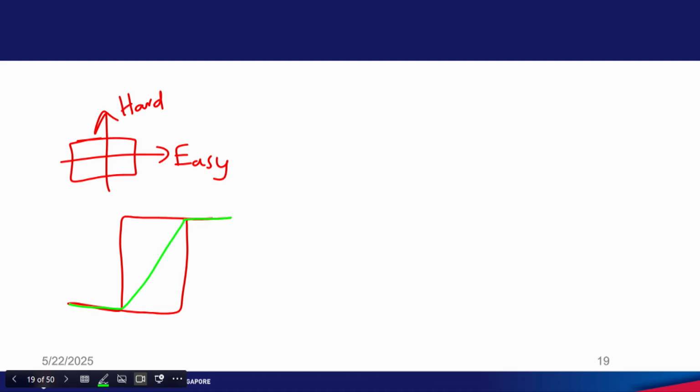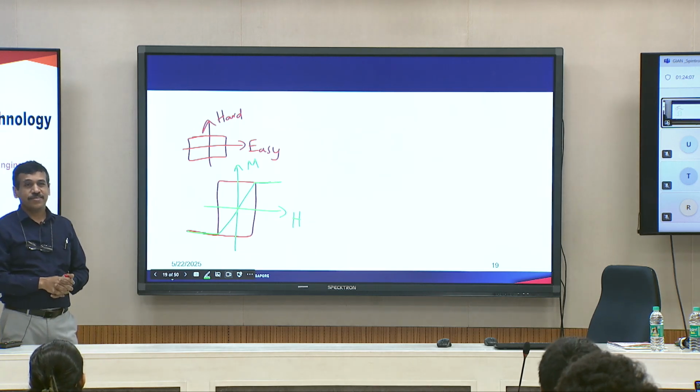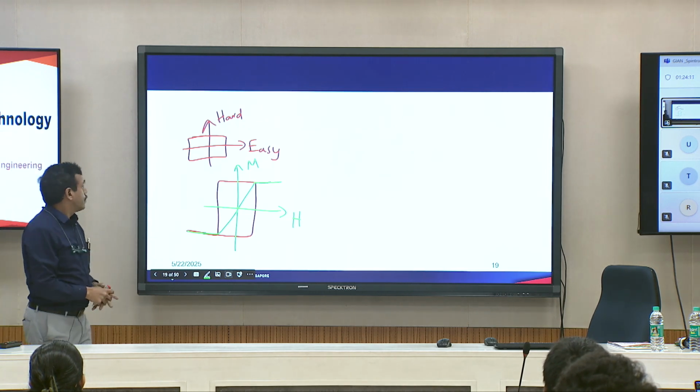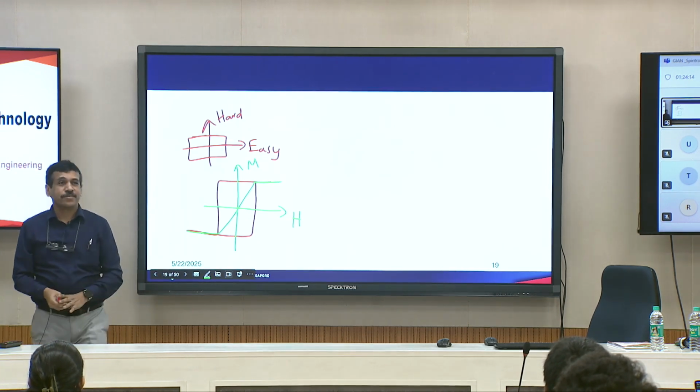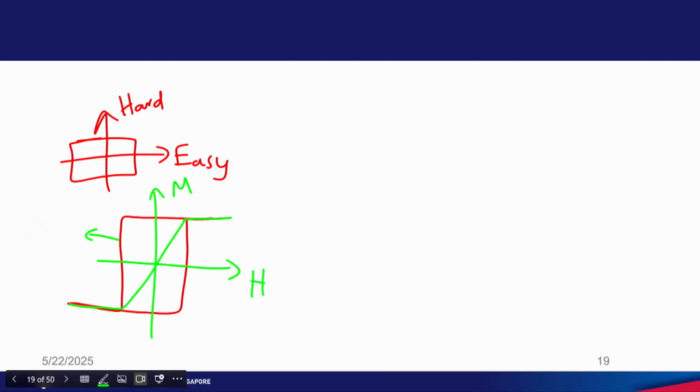So, which of these two curves, these are MH curves, which of these two curves is along the easy direction, which is along the hard direction? Red is along the easy direction and green is along the hard direction, right.